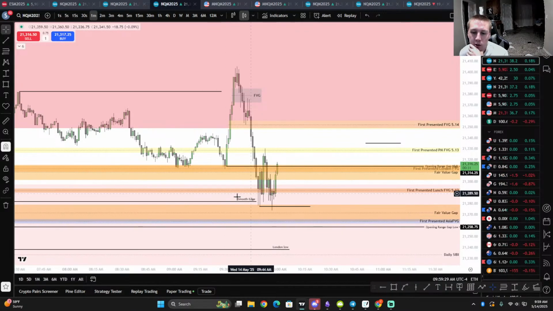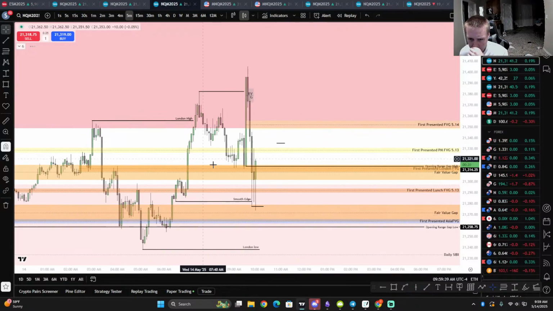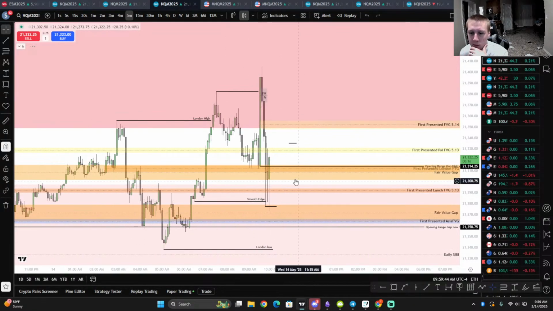Because there's been far too many times I've seen this kind of consolidation, I've ignored it, and then said, oh, I'm going to go in here, I'm going to long this, or, oh, we're in a 5-minute civvy. Like, oh, we have this 5-minute sell side imbalance, we could use that to trade lower. I'm just going to wait for 10:50 macro here, personally, just based off of what I've seen.